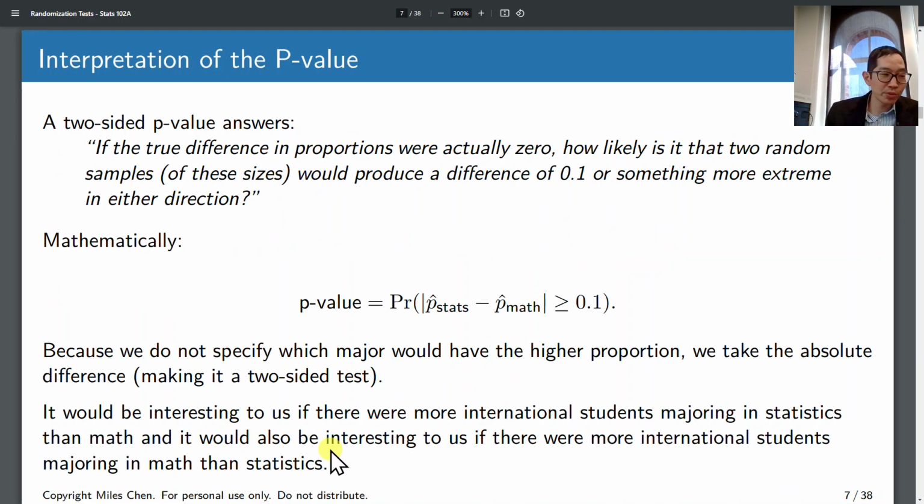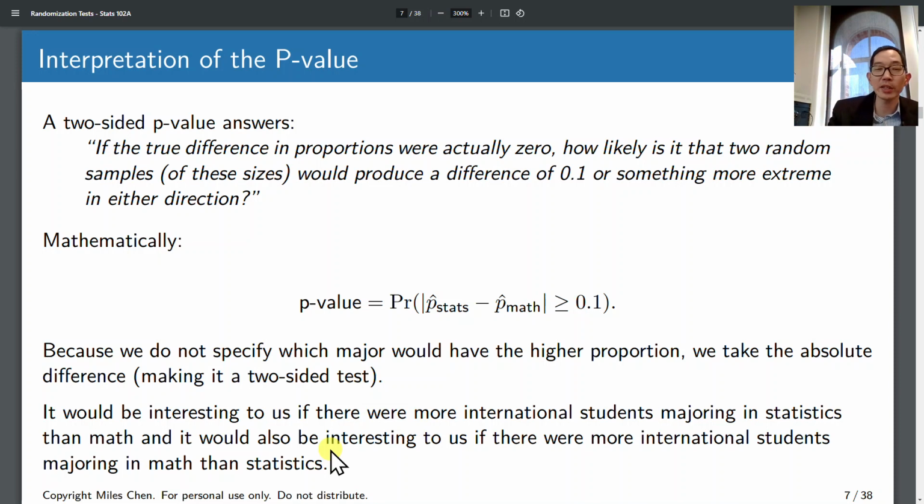And when you go through your work to calculate your p-value, the two-sided p-value answers this question. If the true difference in proportions were actually 0, meaning if the null hypothesis were true, how likely is it that two random samples would produce a difference of 0.1 or something more unusual in either direction?